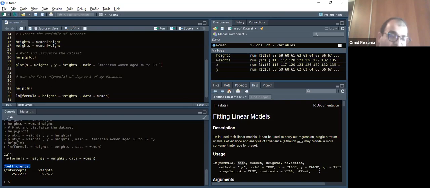What does it mean, coefficients? It means that if you go back to your linear model, which was the polynomial of degree 1, which we had y equals ax plus b, our y was the height, our x was the weight, then we had coefficients a and b. You remember it, everyone?